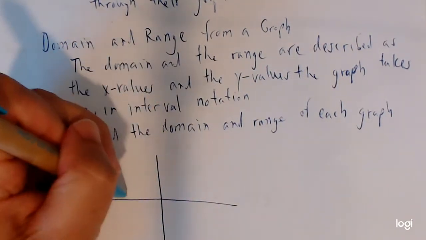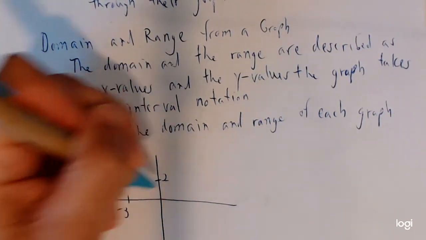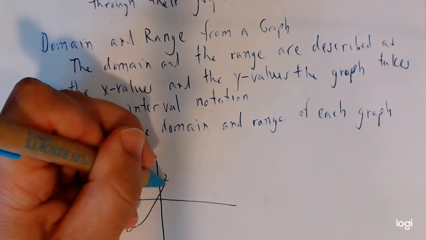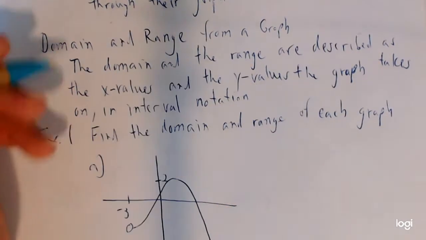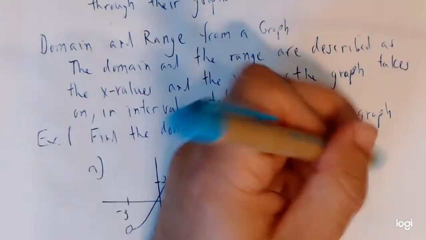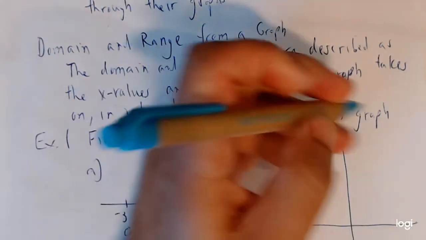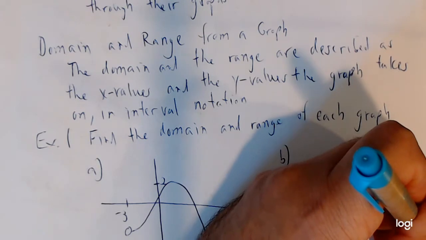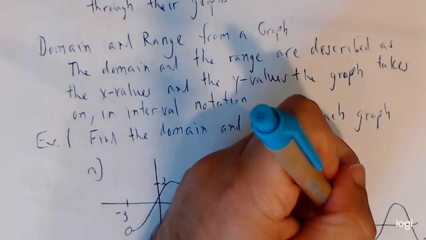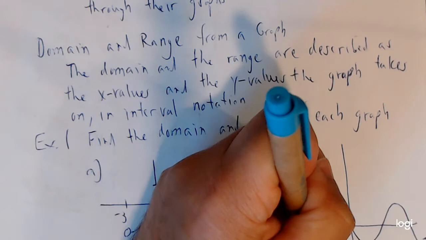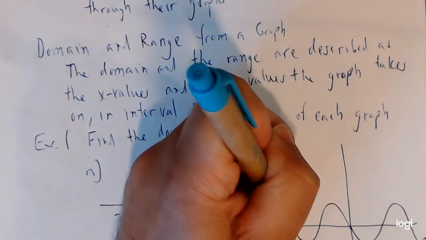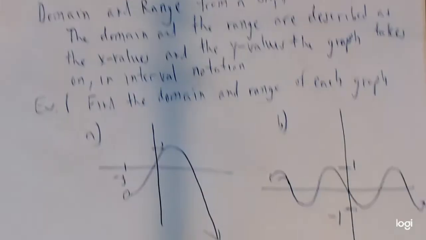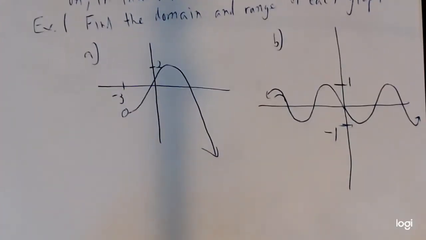So this is -3, that's 2, so it starts down here, goes up, and goes down forever. And then for part B, it looks like this, where this is a y value of 1 and -1. Okay, so let's start off with the first one.